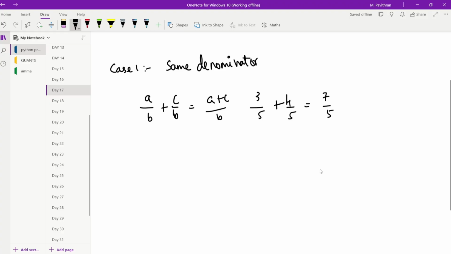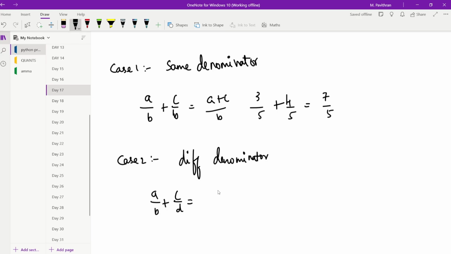Next, we have case 2, which is both fractions have different denominators. Where those two fractions are a by b plus c by d, where the resultant would be a into d plus c into b by b into d, right?